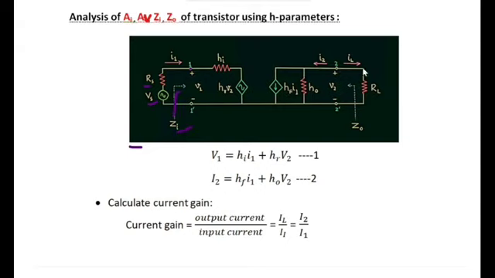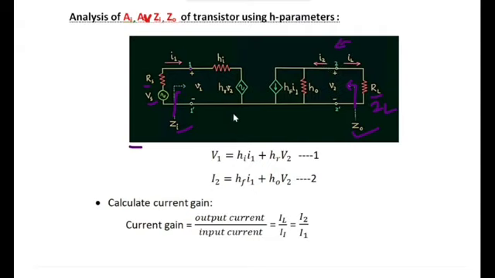At the output is the load RL, which we can also call ZL. If we look from the output toward the input, we find the output impedance ZO, and the current flowing at the output is regarded as I2, the output current.